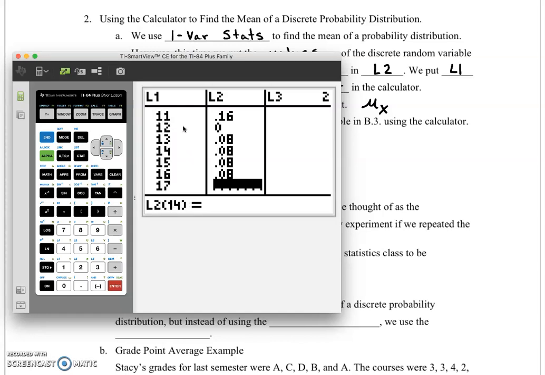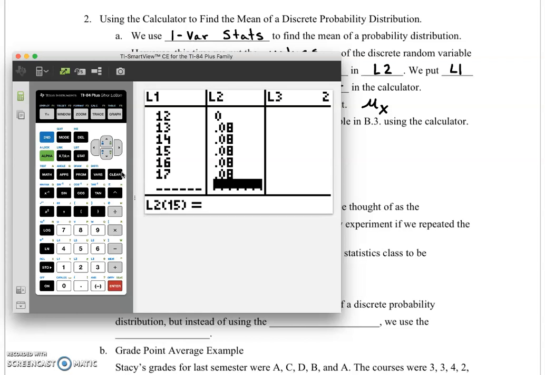Okay, I have all of my shoe sizes entered in list 1, and I have all the probabilities except the last one entered in list 2. What I wanted to show you was that if you had fractions instead of decimals for your probabilities, you could enter them right here in the list. So for shoe size 17, we had 2 divided by 25 for the probability. So we can just type that as a fraction. And when we hit enter, the calculator turns it to a decimal for us.